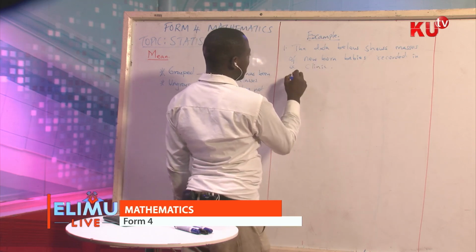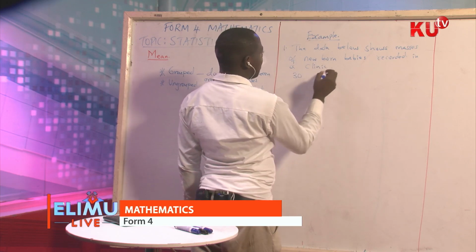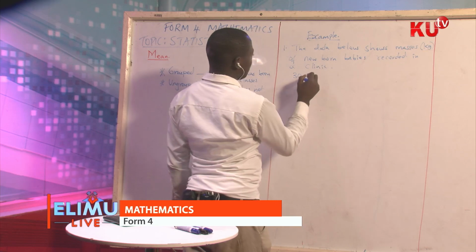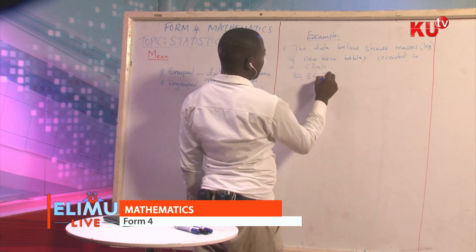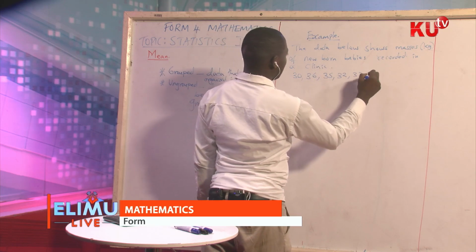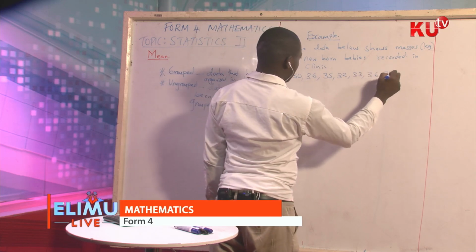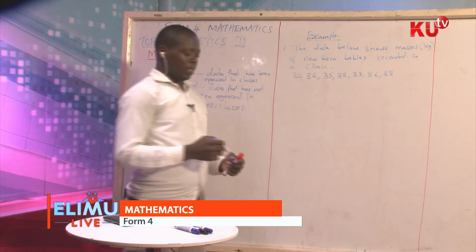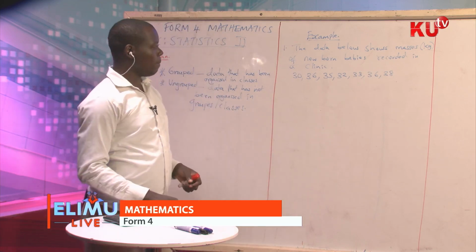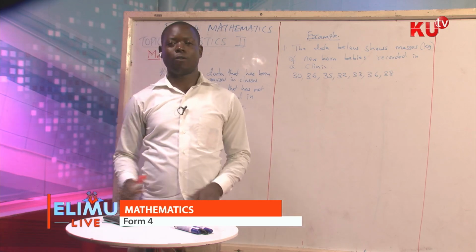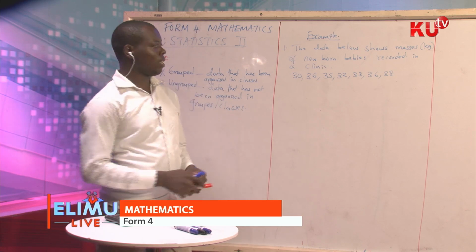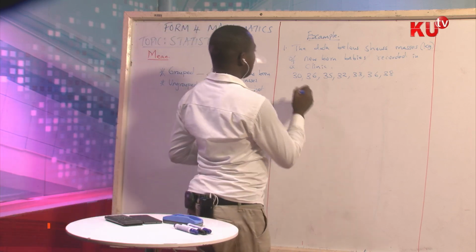The masses, these are in kgs, are 30, 36, 35, 32, 33, 36, 38. That is the data that is available for the newborn babies in terms of their masses. And the question is, students, calculate the mean.